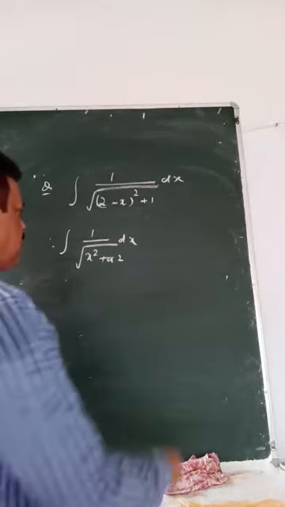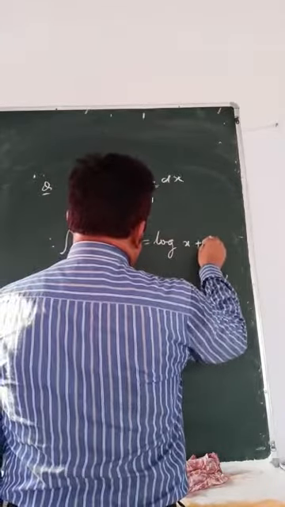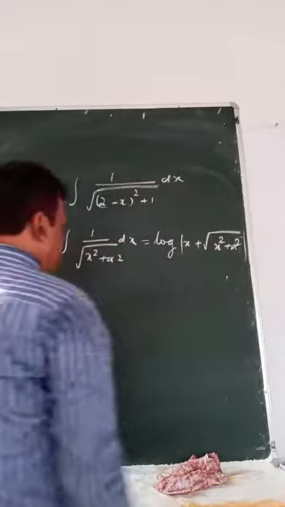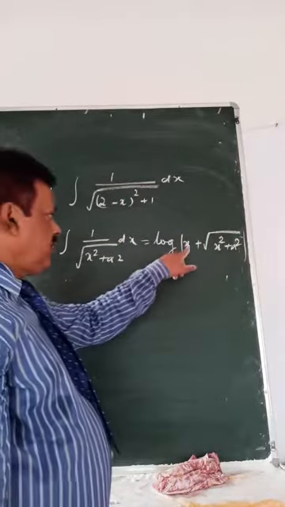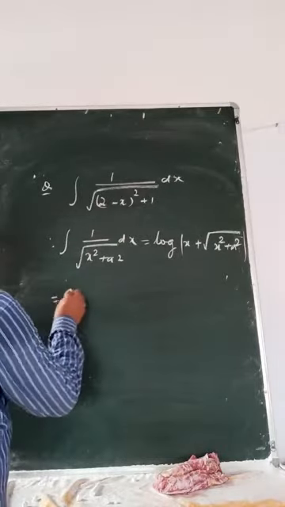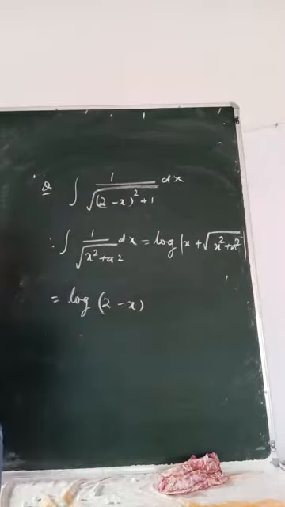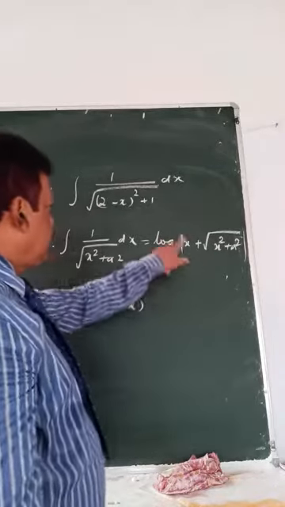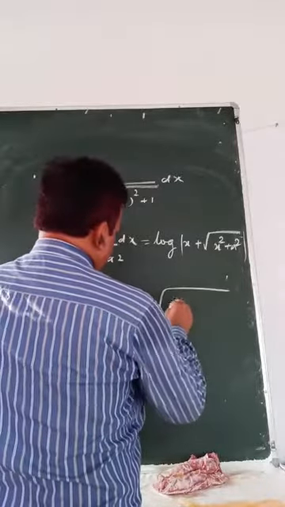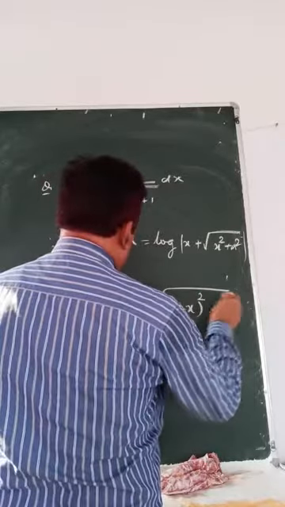This is log of x plus root over x square plus a square. But in place of x, what you have got? 2 minus x. So that will be log of 2 minus x plus root over 2 minus x whole square plus 1 square.